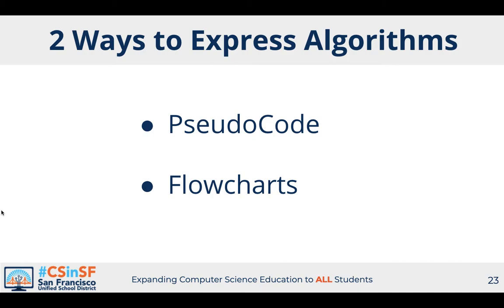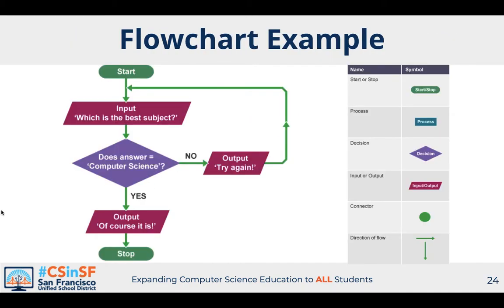So as we said before, there's two main ways we want to cover to express algorithms. The first was pseudocode. You just did an example. The second is flowcharts. So an example of a flowchart is here on the left, and it represents the flow of a program and the decisions that are made within a program. So it starts with this program is trying to figure out which course is the best.